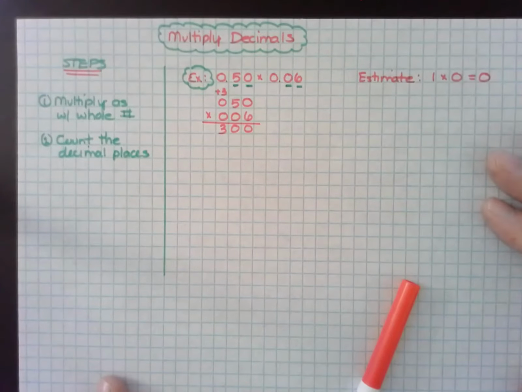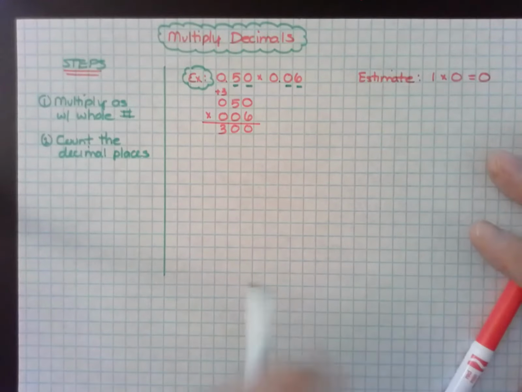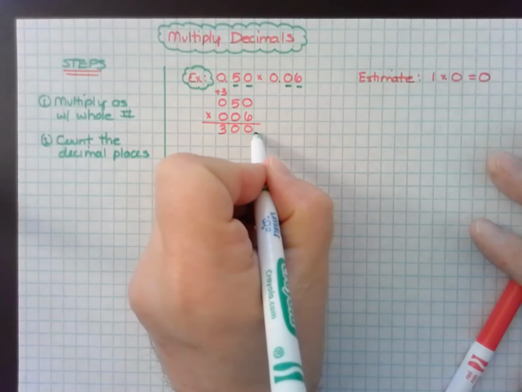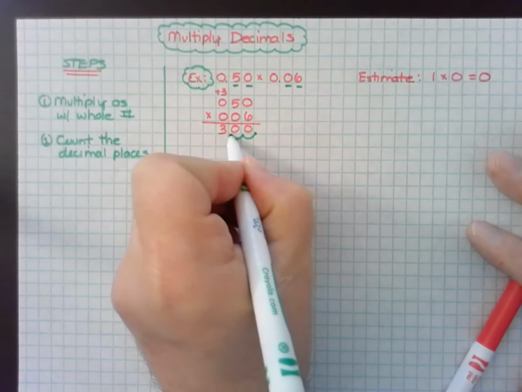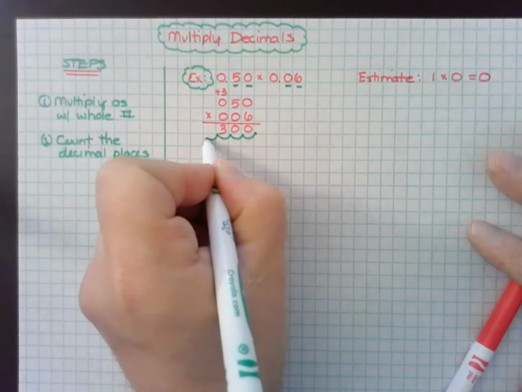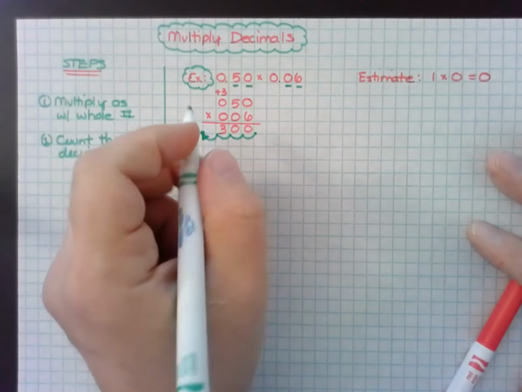There are 4 decimal places to the right of the decimal. And so that means I'm going to have to move my decimal place, starting at the right, 4 times. So 1, 2, 3, 4. So my decimal place goes right there, which means I'm going to annex a 0.